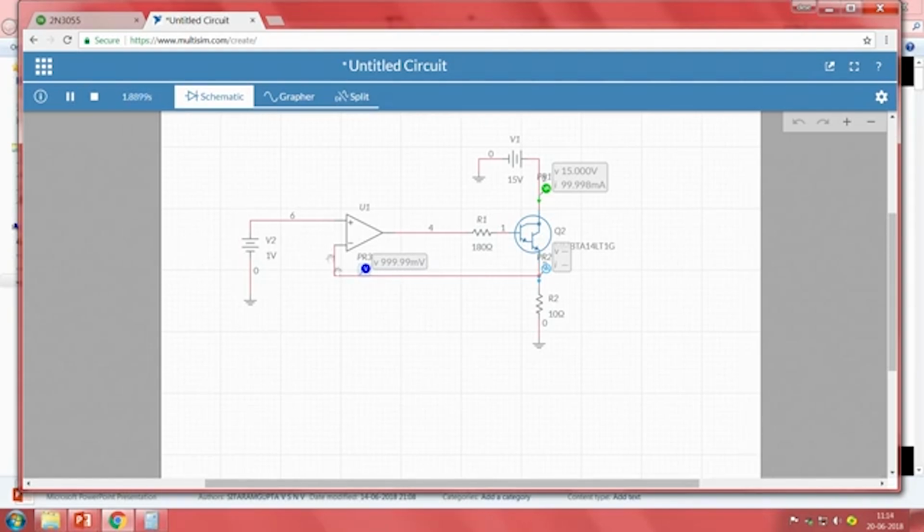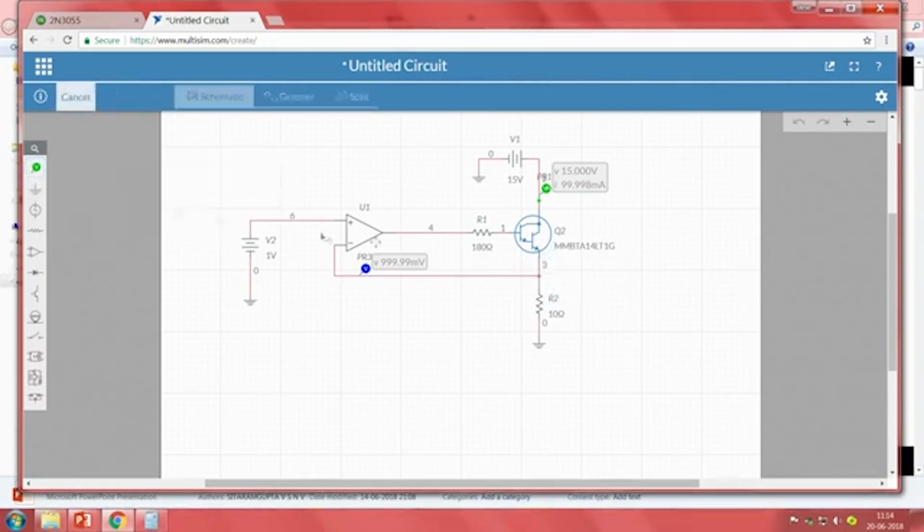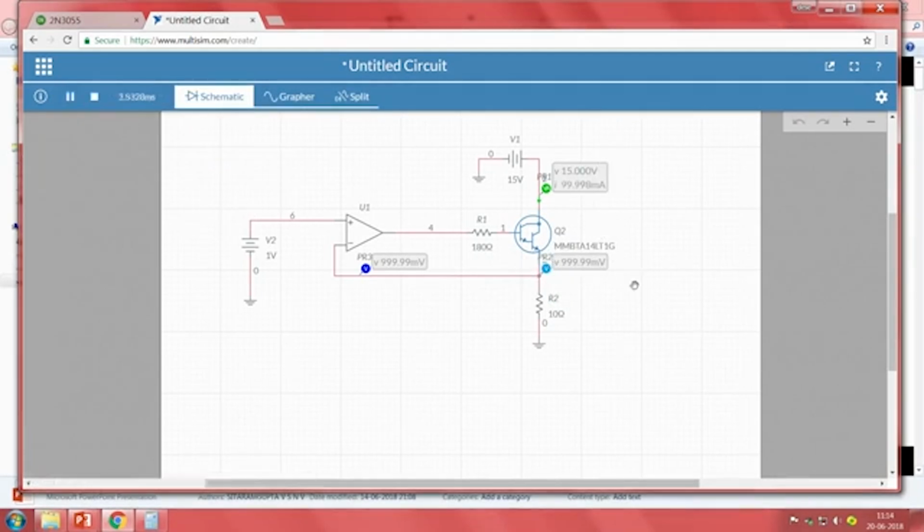That means both are at the same voltage. Since this is connected at the same point, I do not know why it is not showing, this should be at the same value. Let me close and take a voltage. Okay, let me run. See, we can see 999.9. That means the voltage drop across this resistor is also 999.9.